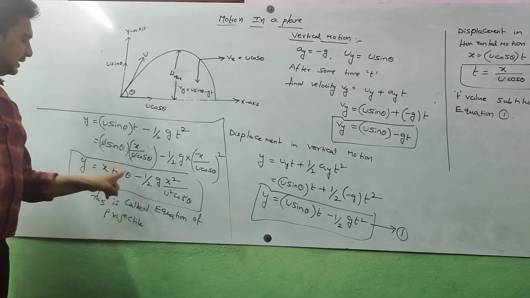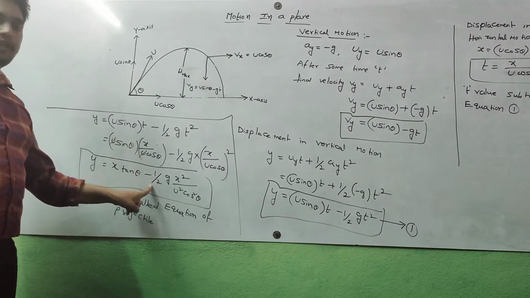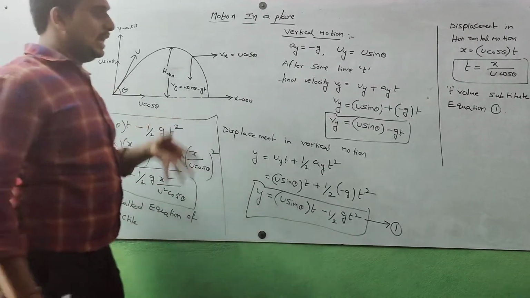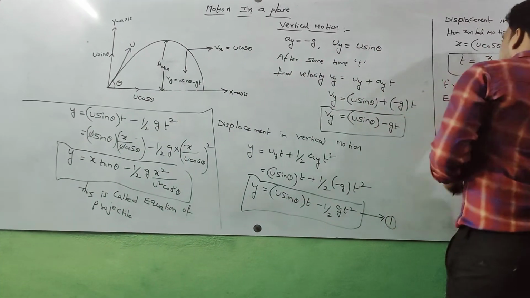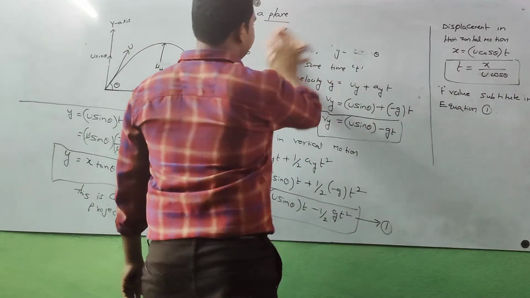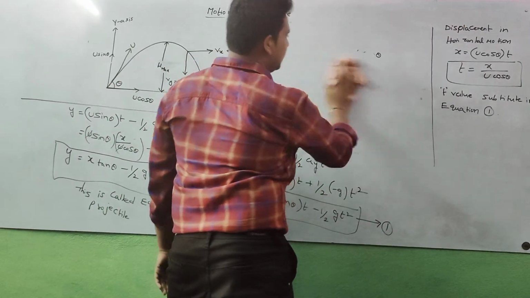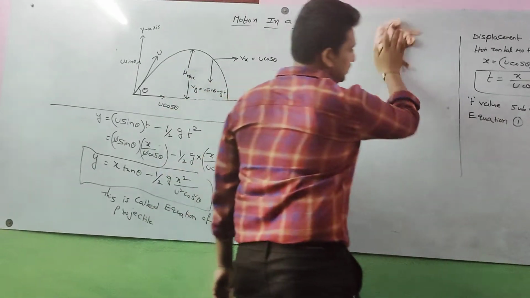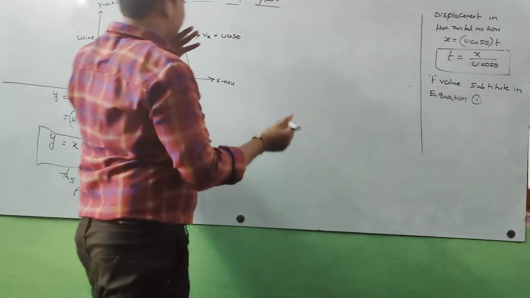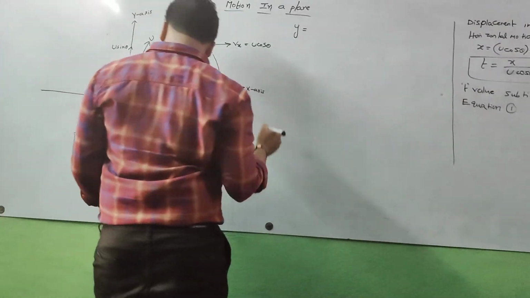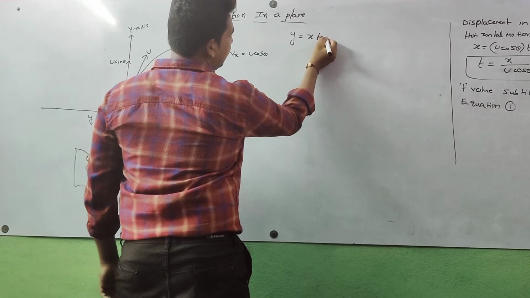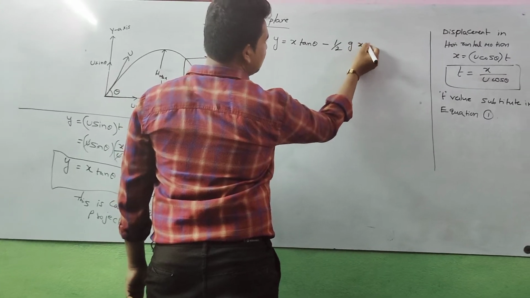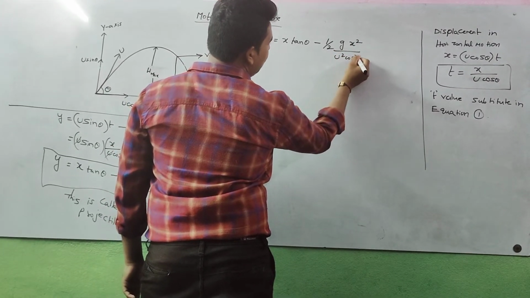Y is equal to x tan theta minus half into g x square by u square cos square theta. What we got now? Y is equal to x into tan theta minus half into g x square by u square cos square theta, right?